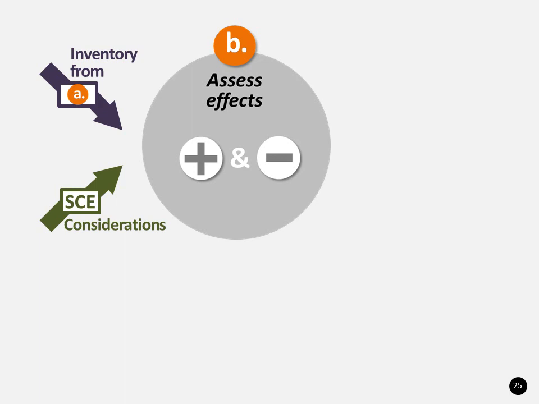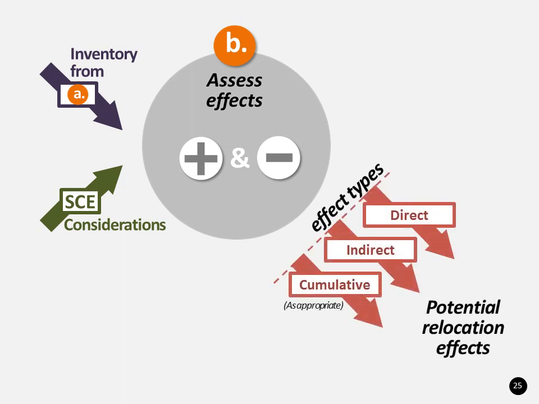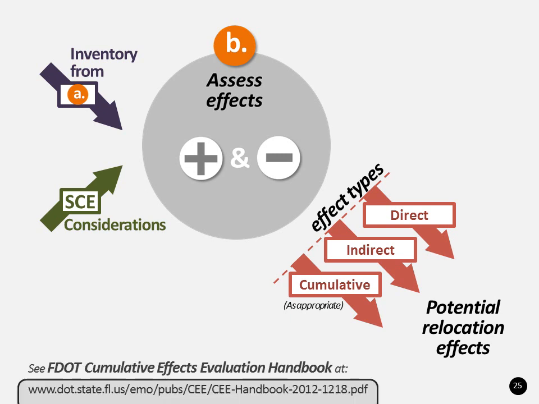During project development, the assessment considers potential direct and indirect effects, and if indicated, cumulative effects. A cumulative effects assessment is not required in a planning phase sociocultural effects evaluation, but related observations may be noted in the evaluation. To learn more on this topic, refer to the Cumulative Effects Evaluation Handbook on the department's website.